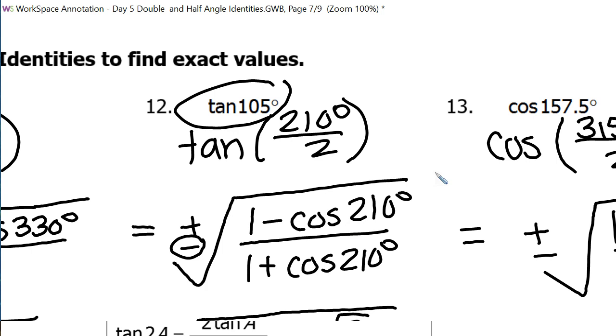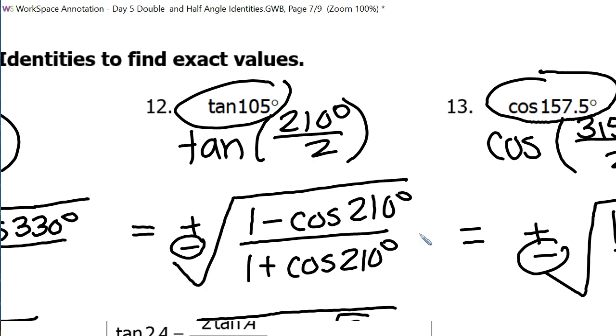Now we'll have to decide, will our answer be positive or negative? So looking at our angle here, 157.5 degrees, determine the quadrant. Quadrant 2, and in quadrant 2 would cosine be positive or negative? Negative. So I'm going to circle the negative, and from here forward, bring down only the negative.